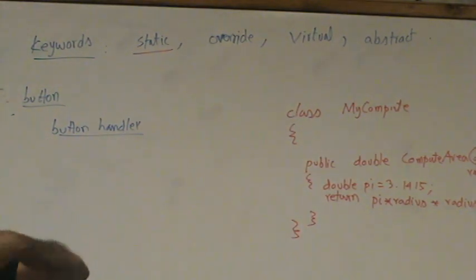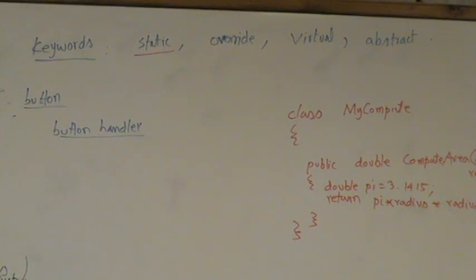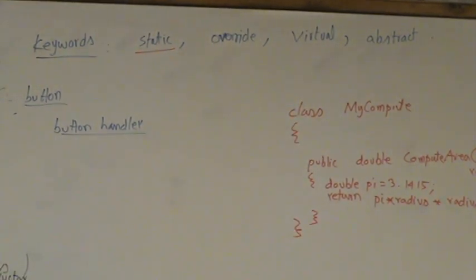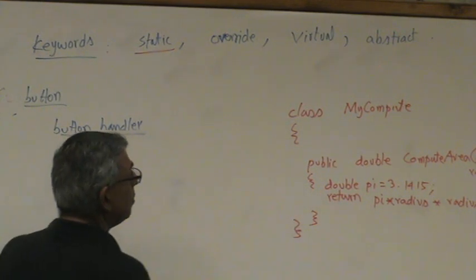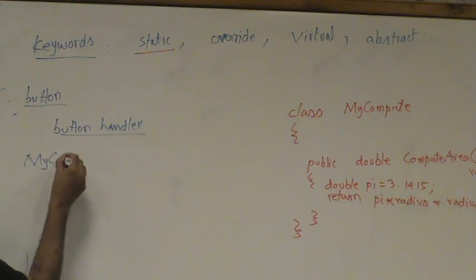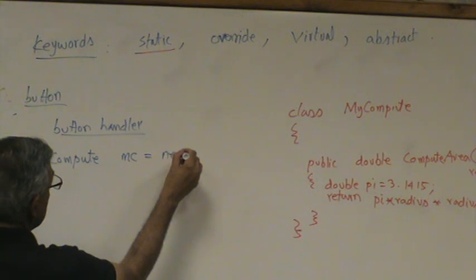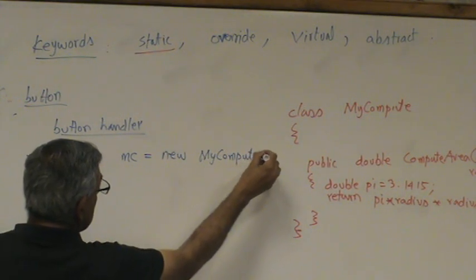So C#, like Java, is completely object oriented. You cannot write a function without a class. Everything belongs to a class. So obviously first we have to create an object of this class. So what will our code look like? MyCompute MC equal to new MyCompute.